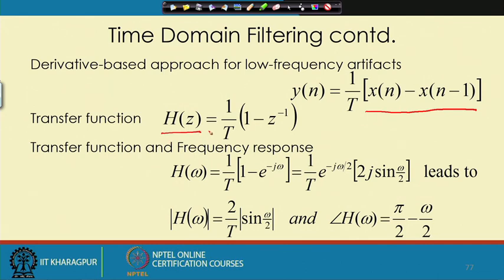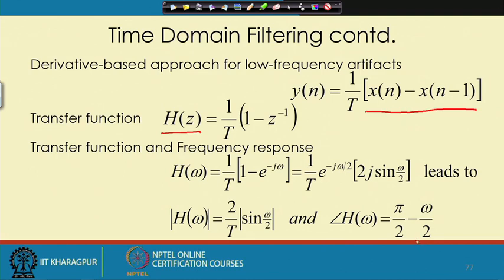Using that, if we take z equal to e to the power j omega T, then with the help of that we can compute this, that the value H(omega) comes with a sine and the angle pi by 2 minus omega by 2.